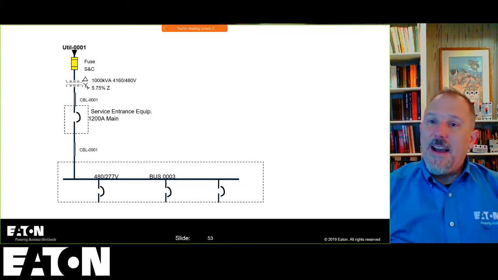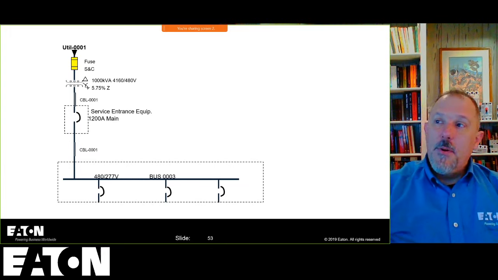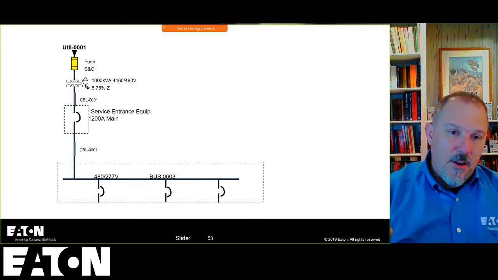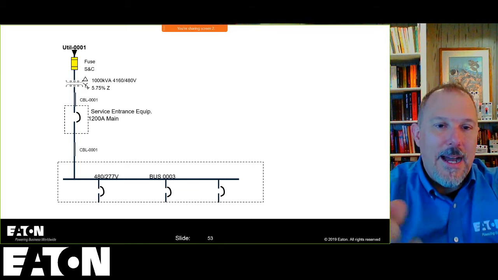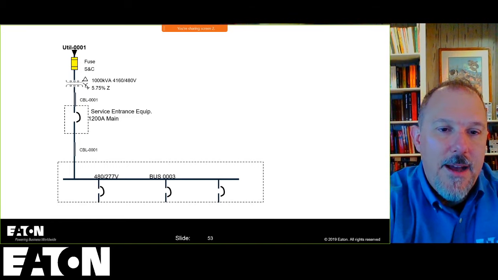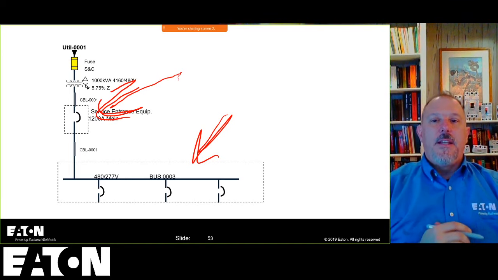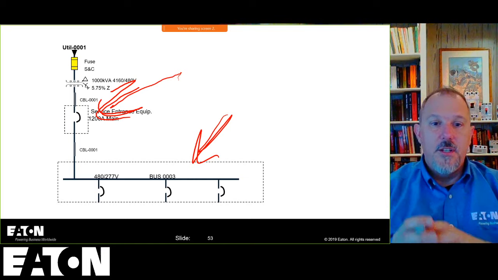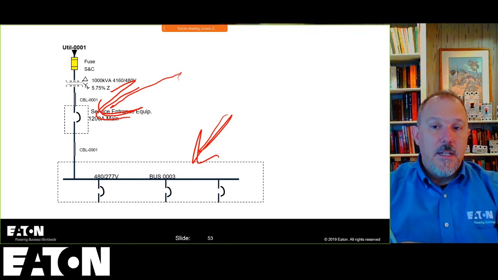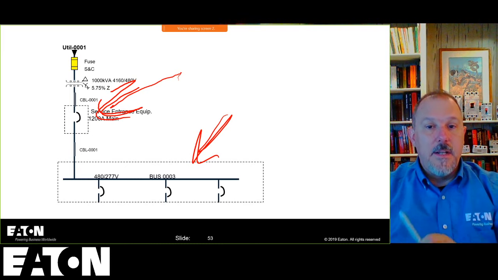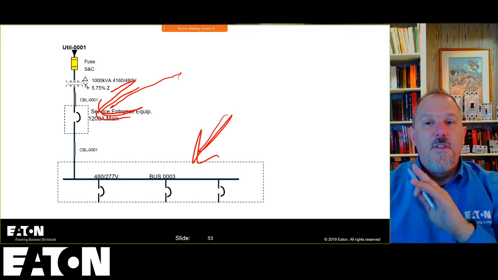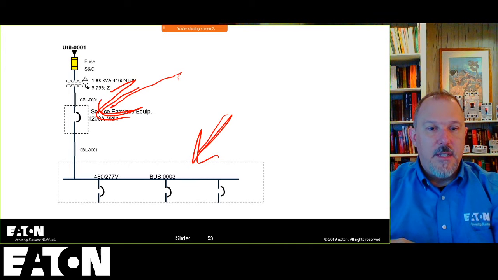Now, if I take the main breaker out of that panel and I just put it right here, now the incident energy in this panel is based upon the clearing time of that overcurrent protective device. I have just solved my incident energy problem, because now I'm basing the clearing time off of that overcurrent protective device.